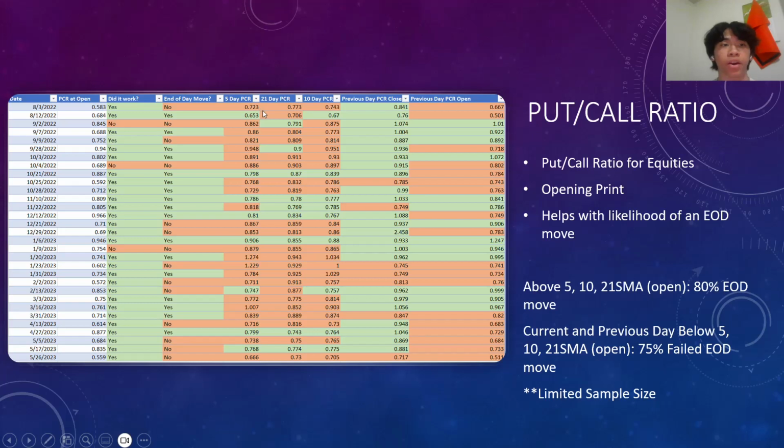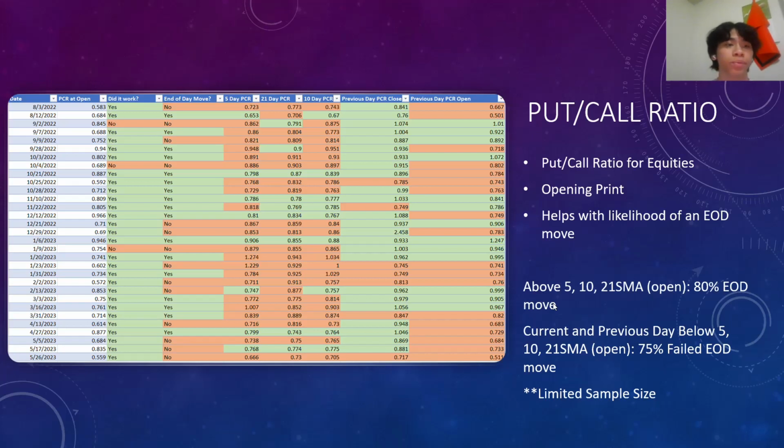But if you compare that ratio to the recent history, the recent average, then you can find a lot of information from that. So whenever the put call ratio is above the 5, 10, and 21 average at open, meaning that the put call ratio is higher than its recent average, that means it's bullish. And there's an 80% chance of an end of day move when those conditions are met.